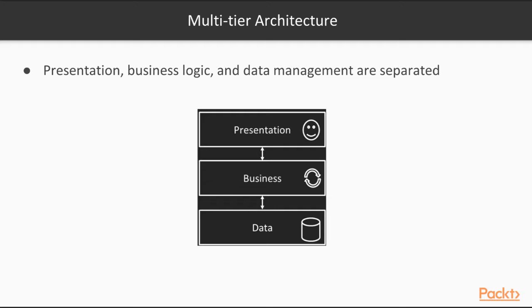So this might be in a web browser. We then have a business layer. This is where the brain of the application would sit. There can be business rules, business models, whatever your application does, it would sit in this particular layer. And then we'd typically have a data layer where we can store data, retrieve data, and persist data. So let's see how we could implement this type of architecture using serverless.